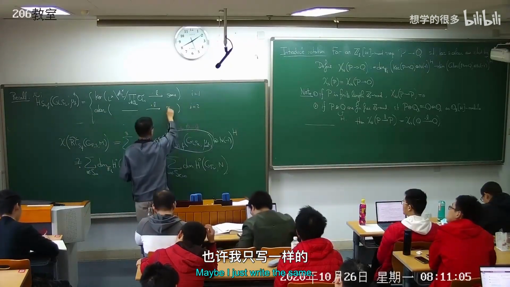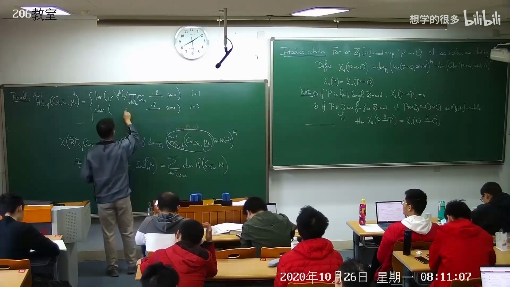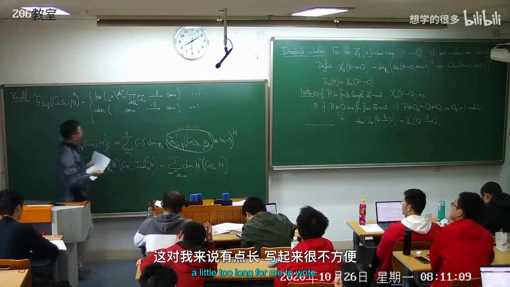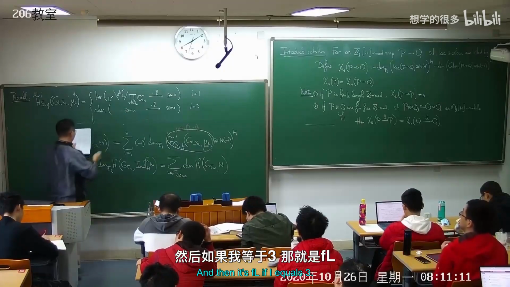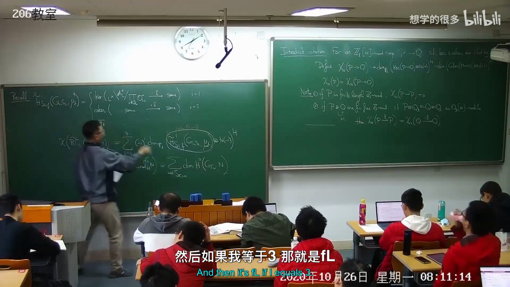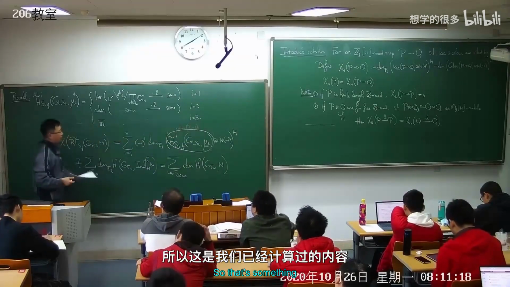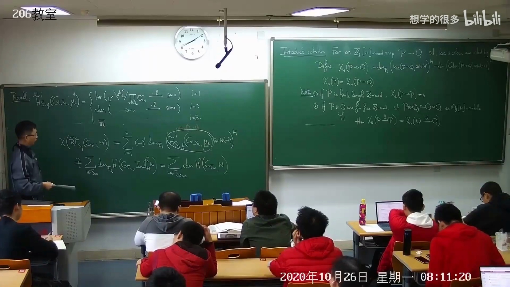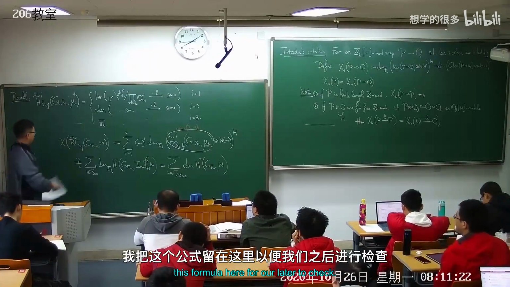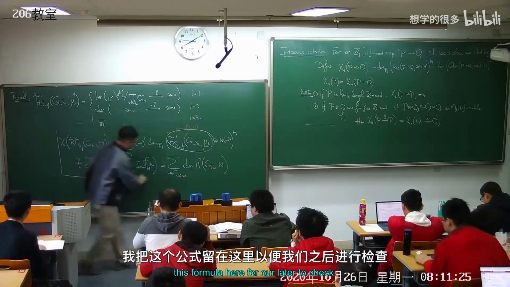Maybe I'll just write same. And then it's FL if I equals 3. Okay? So that's something we've already computed. Let me leave this formula here for later to check.